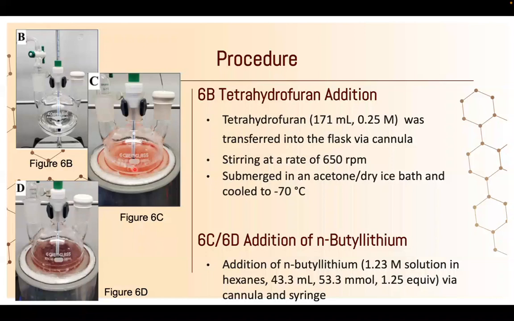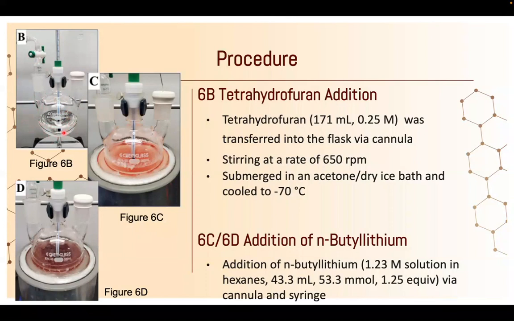And at this point, the last glass stopper over here is exchanged for a 24 by 40 Teflon thermometer adapter containing an ultra low temperature glass thermometer, which ranges from -100 to 50 degrees Celsius. And that can be seen in figure 6b with the tetrahydrofuran at the bottom over here.